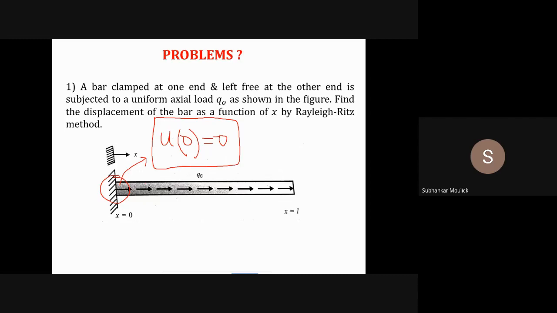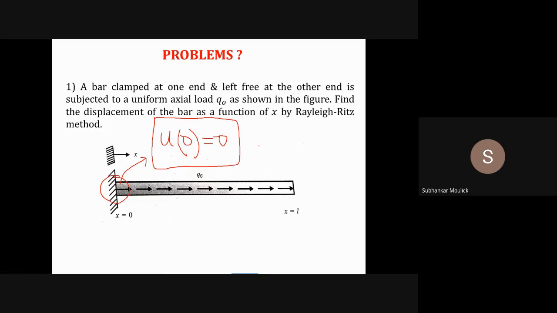Now I have to find out the natural boundary condition. Though I do not require natural boundary conditions in the Rayleigh-Ritz method, still let us find it out. What is that natural boundary condition? Can you tell me? Natural boundary condition means the slope, that is du over dx.